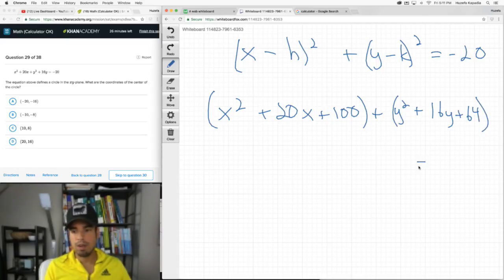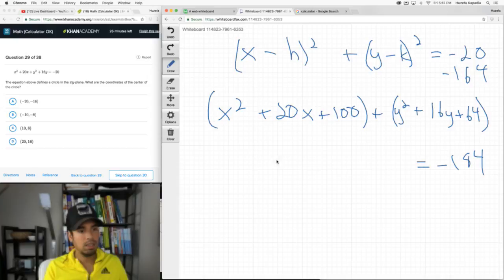On the opposite side, we have to add 100 and 64 as well. So -20 minus 164 gives us -184. Now we have nice perfect squares. The right side doesn't matter so much, because they're not asking for the radius.